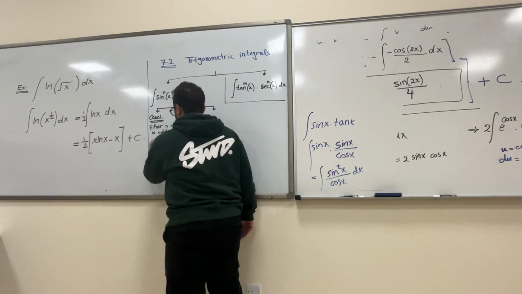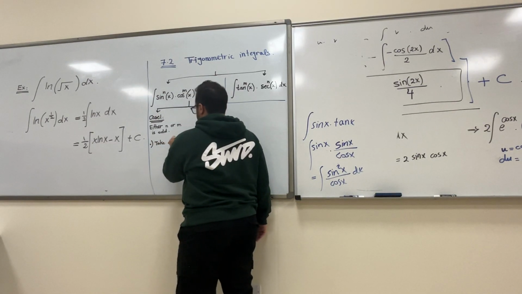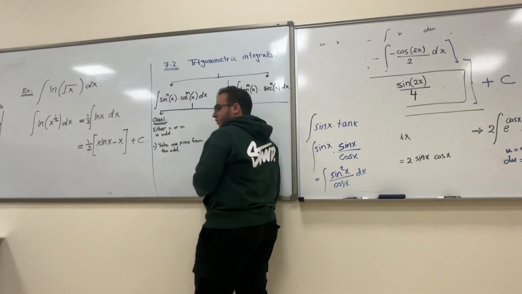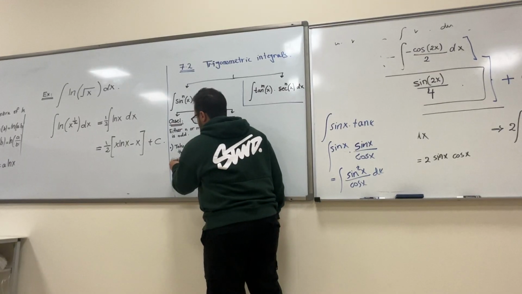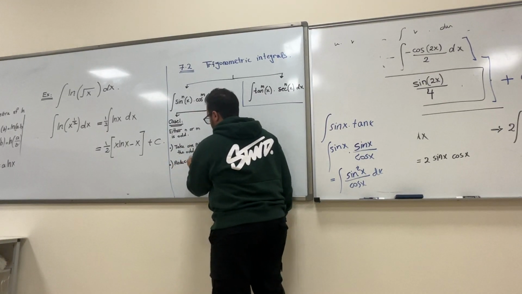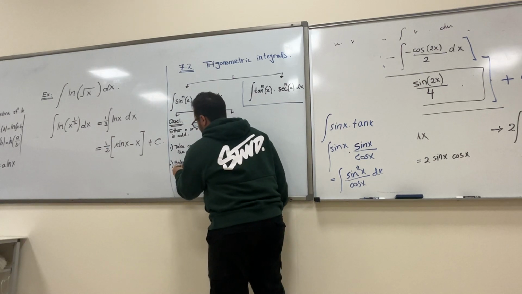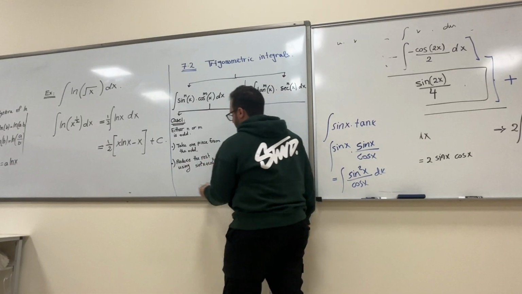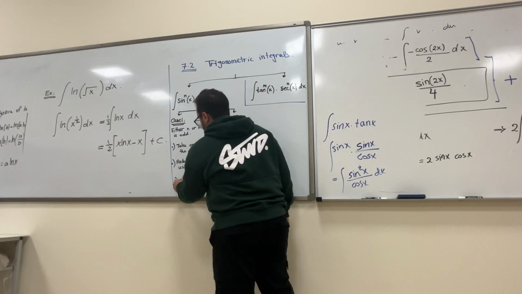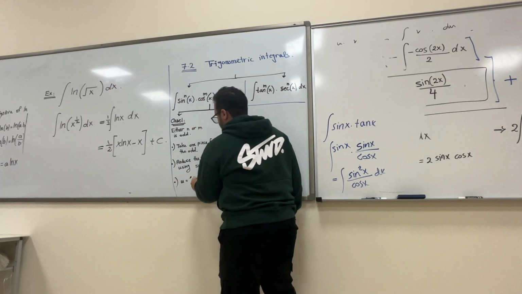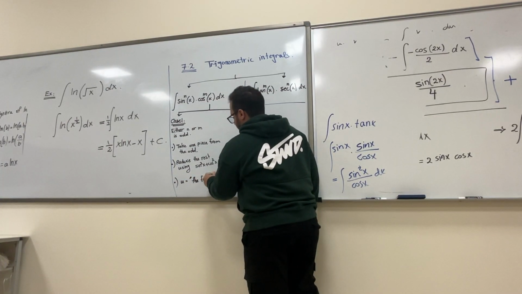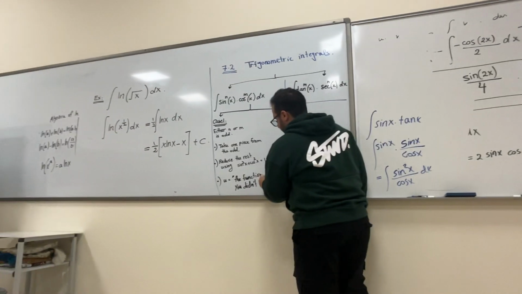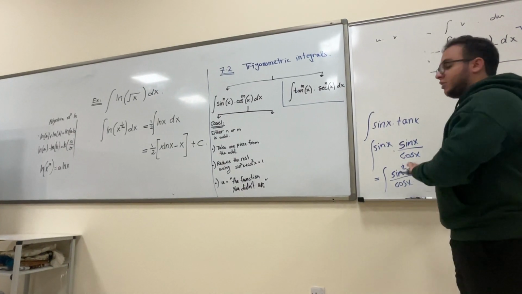Take one piece from the odd power, and then reduce the rest using sine squared plus cosine squared equals 1. Then use the substitution u equals the function you didn't use. I know this might sound a little weird, but let's have an example and see how we can apply these exactly. This works in any exam.